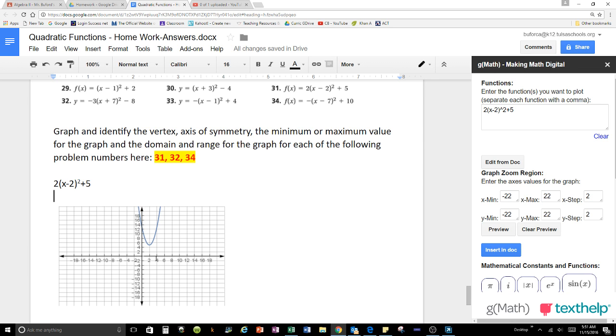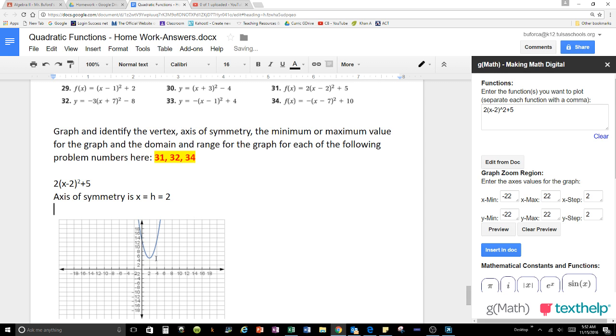So axis of symmetry is x equal h, which equals 2.